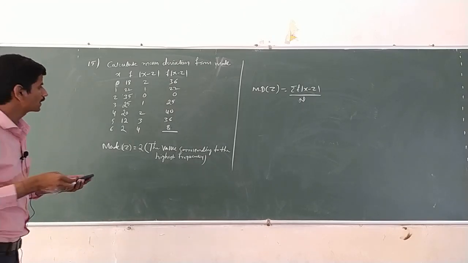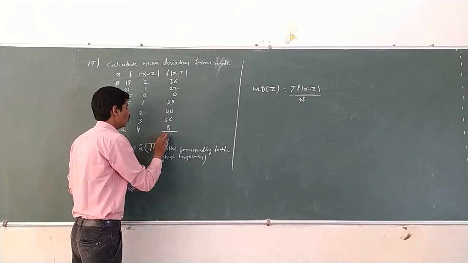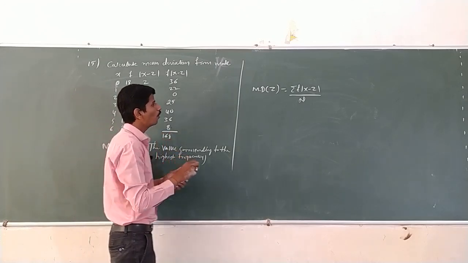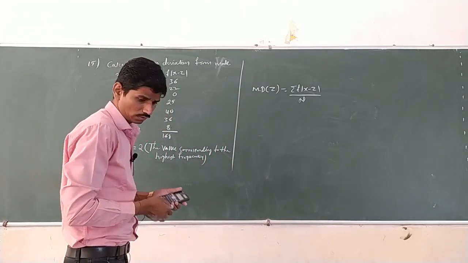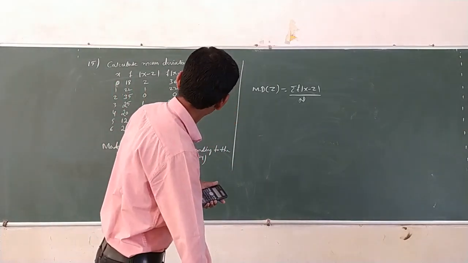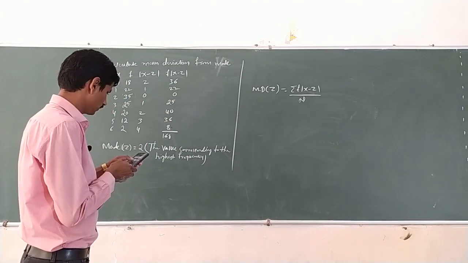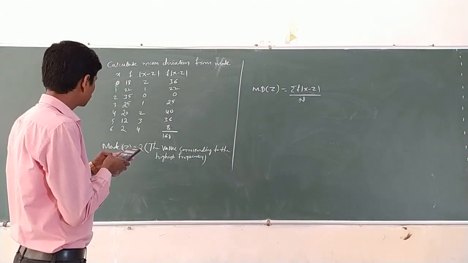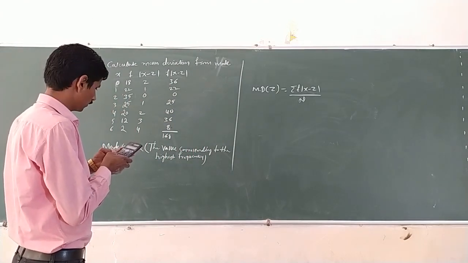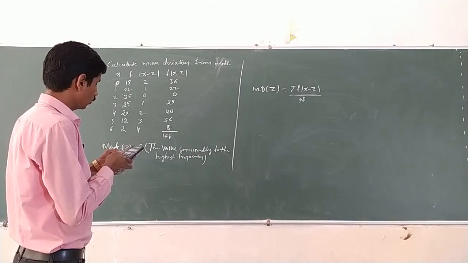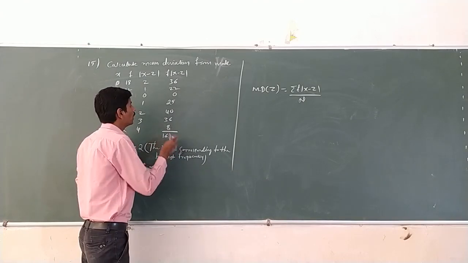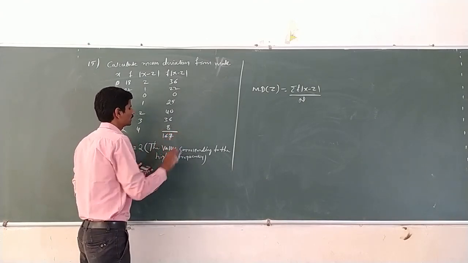Then we will get 167. Sorry, it is 167, the sum of f into mod of x minus z is 167.